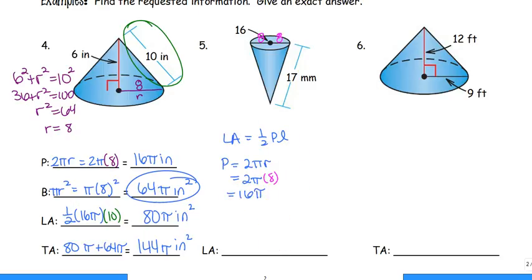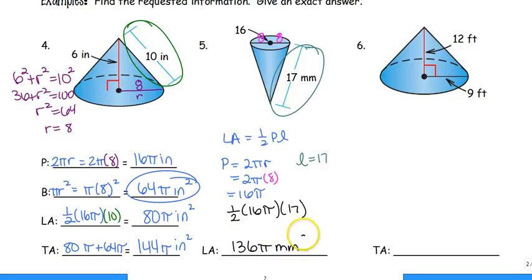Slant height, we are lucky, is given to us as 17. So we have 1/2 perimeter of 16 pi times slant height of 17, giving us a lateral area of 136 pi millimeters squared.